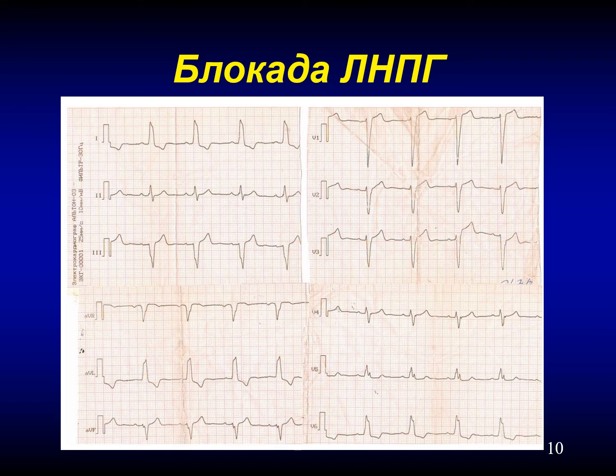We have a specific M shape with high R wave in left chest leads, V5, V6, and the same sign of complete or incomplete blockage. If the QRS duration is more than 0.12, it's complete blockage. If it's less than 0.12, it's incomplete left bundle branch blockage.